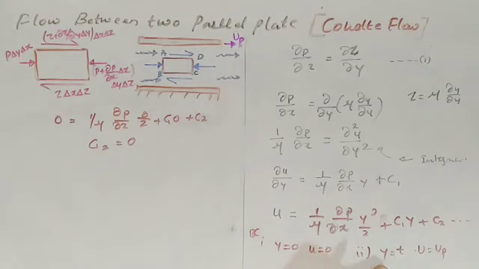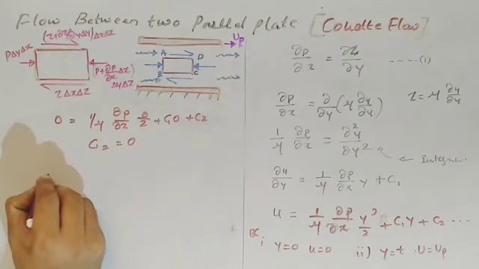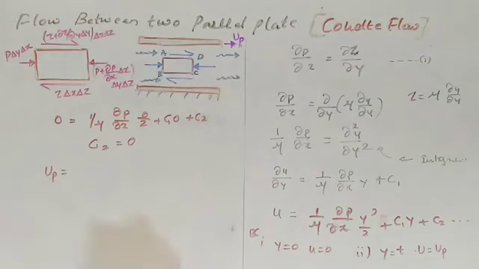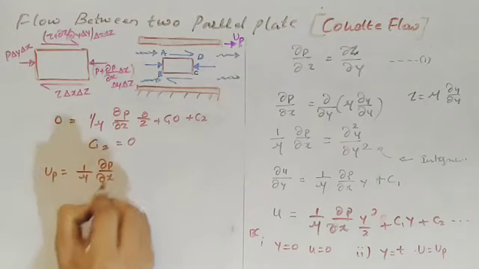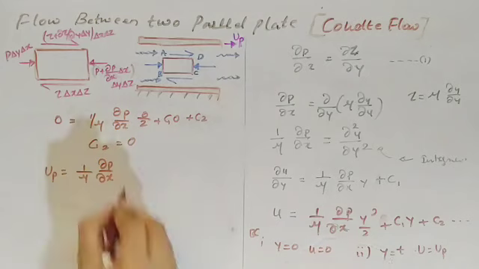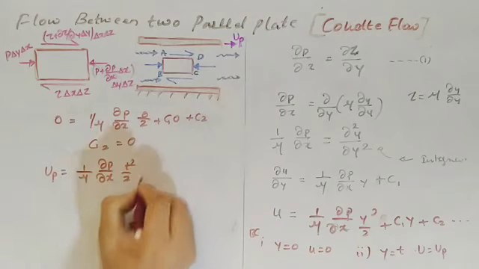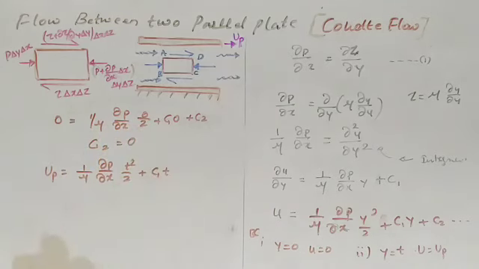Now again substituting boundary condition 2 in equation 2, I get u equals Up, that is the upper plate velocity, and 1/mu ∂p/∂x, where y equals t, so t squared divided by 2 plus c1 t plus c2. As c2 is 0, I write 0.